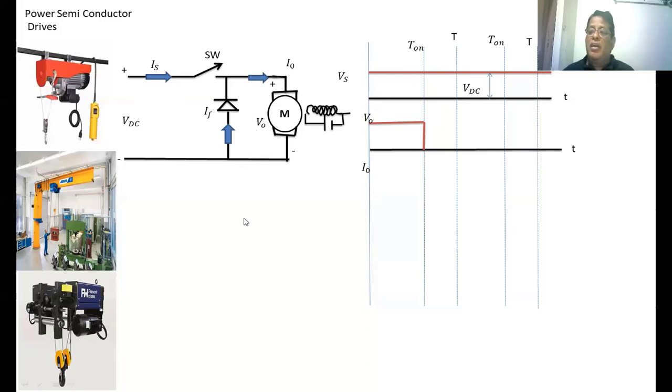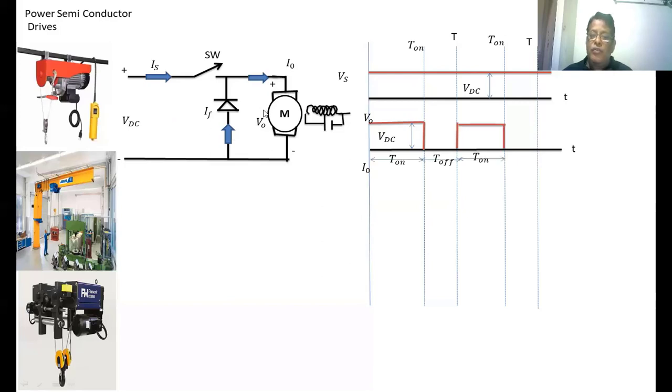Because we have taken the continuous load current, the current should not come to zero. When the current is passing through the freewheeling diode, the voltage across the armature of the DC motor, nothing but the load, is equal to the voltage drop across this device. We have taken this device as an ideal device, so the output voltage becomes 0. Again, once the switch is on, the source is connected to the load, and the output voltage is equal to the VDC.